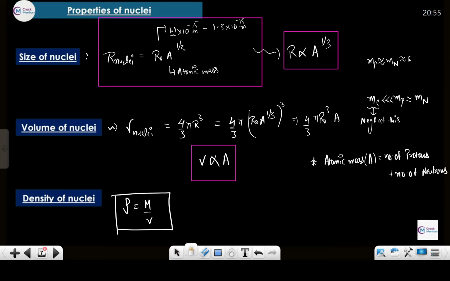So on the basis of that, I am assuming a new term which is equal to m naught. Then what is the total mass of the nuclei that we are having? I am taking a new slide for this.